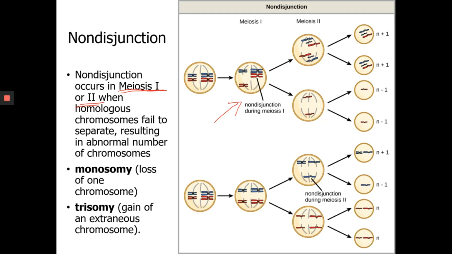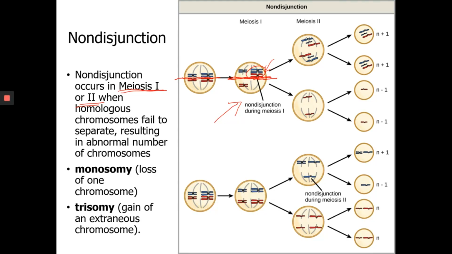As you can see in this picture, this is the equator, right? Once the homologous chromosomes are pulled away from the equator, there is a mistake over here. You can see the 2 homologous chromosomes are still together. They didn't end up in 2 cells, but instead they all come to this 1 cell.